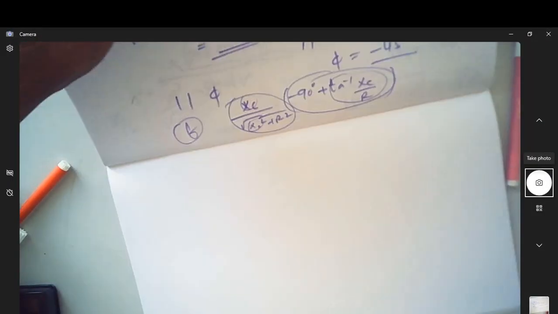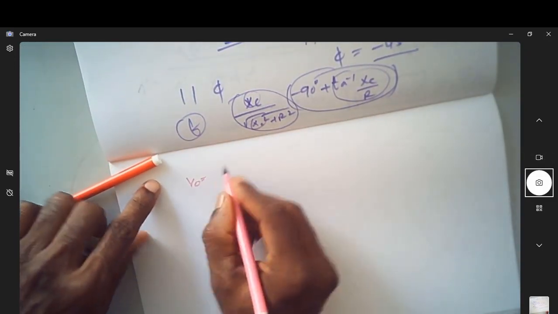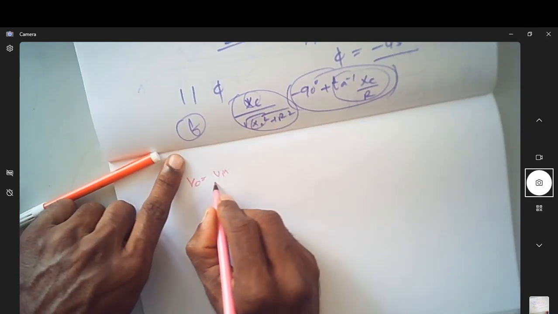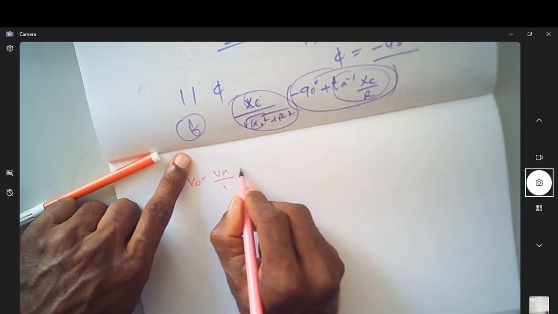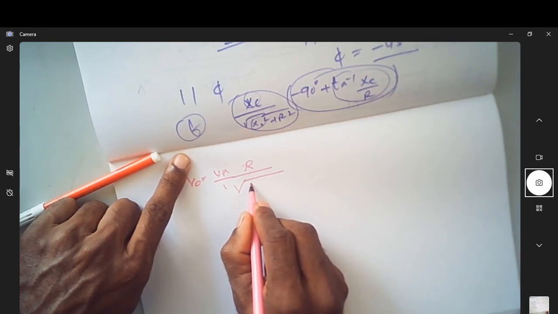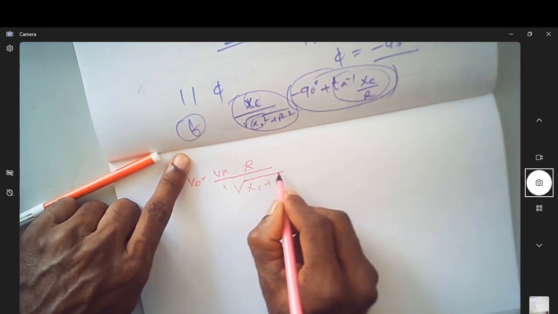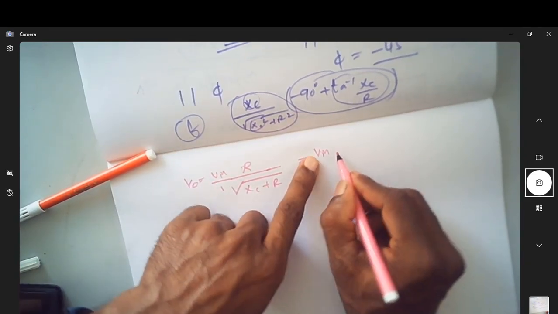Since there is nothing over here, if I write the expression for the output voltage, V0 is equal to V in times R by under root of XC squared plus R squared.